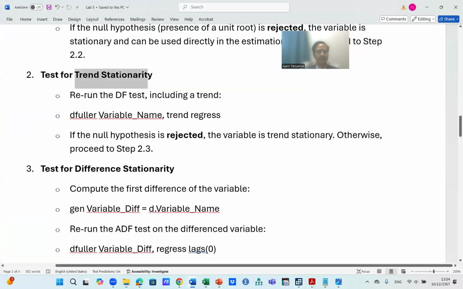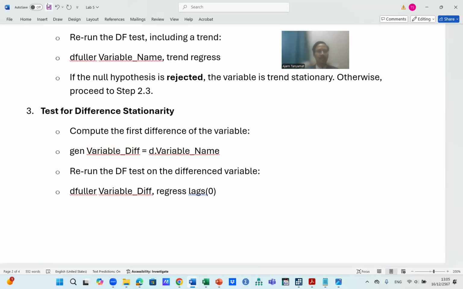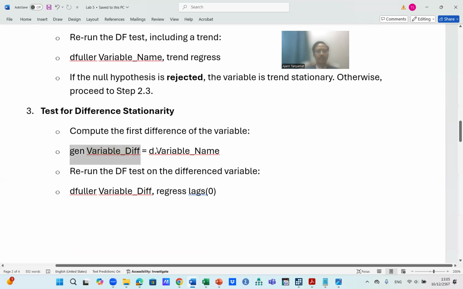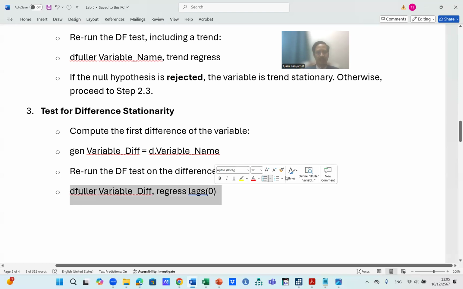Okay, trend stationarity. The next one asks you to do difference stationarity. So basically, we're going to test the stationarity of the first difference. In the lab instructions, I give you the instruction to generate a new variable, then do dfuller on that variable.